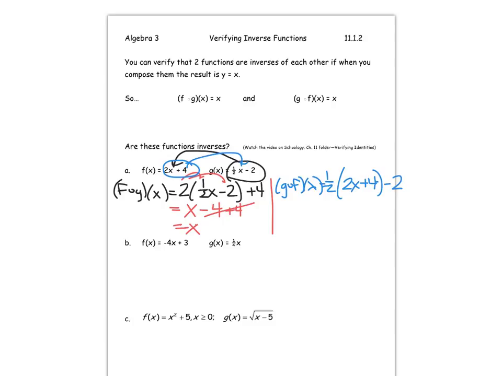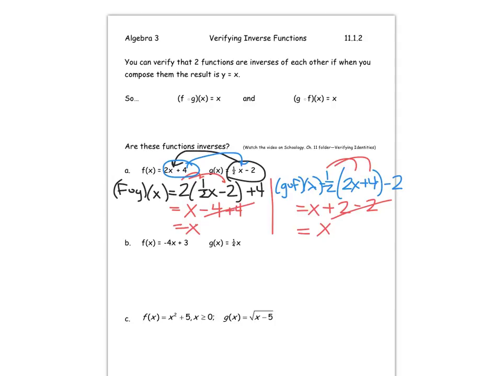So we distribute the 1/2. 1/2 times 2 is just x. 1/2 times 4 is 2. And then beyond the parentheses is minus 2. So the 2's cancel, and we get x. So because we got x both times, the equations are proved to be inverses of each other, because each operation in there cancels another one out and leaves us with just the variable.